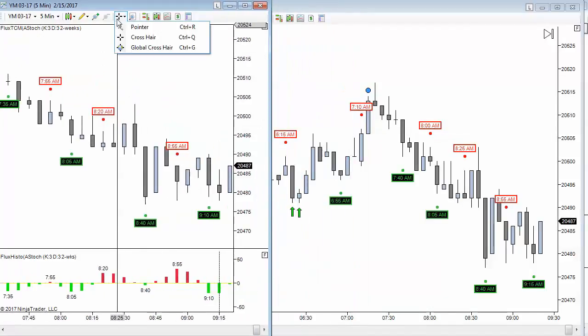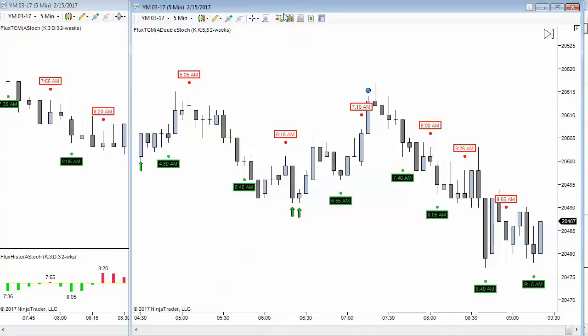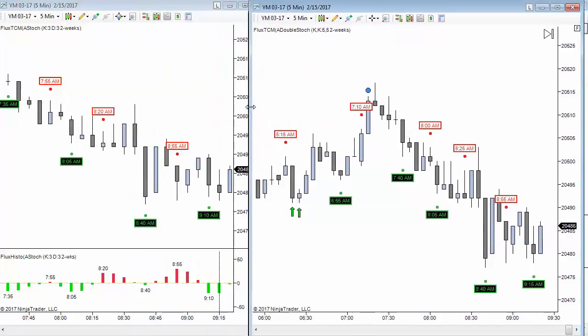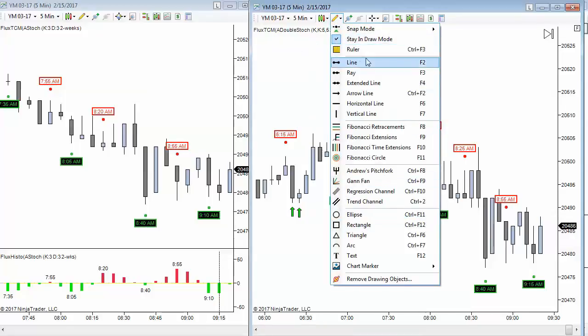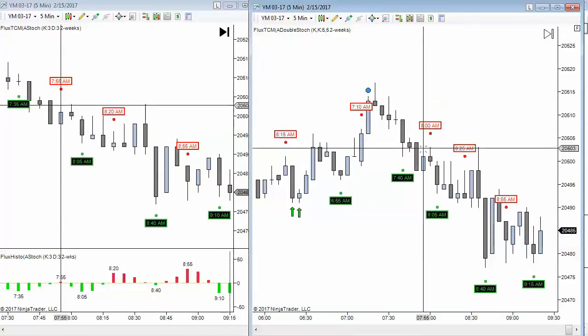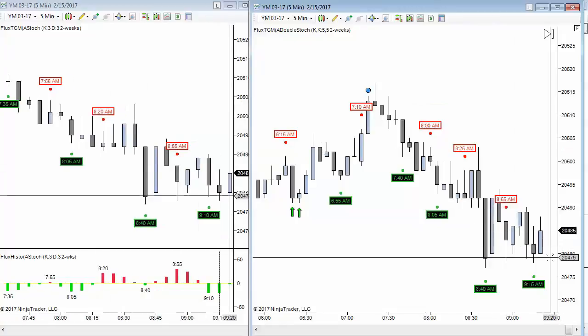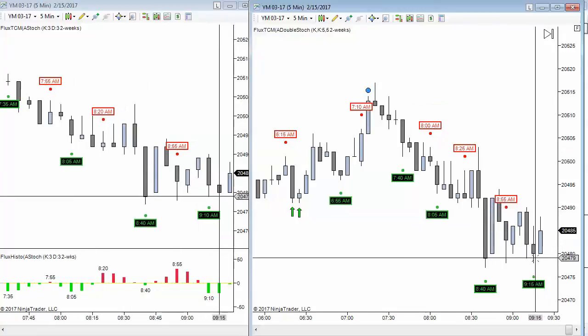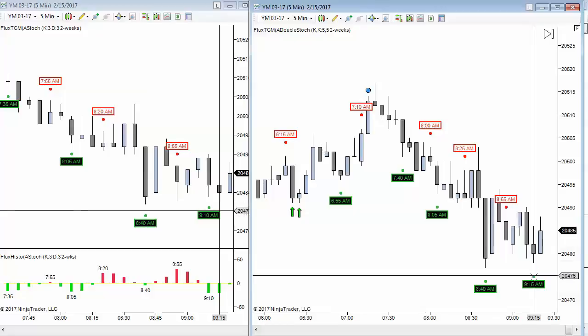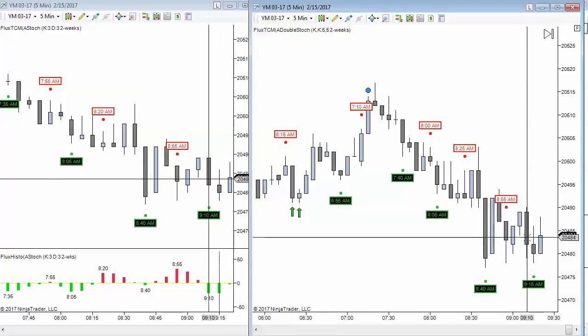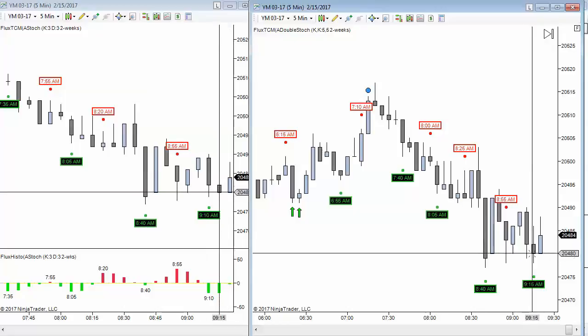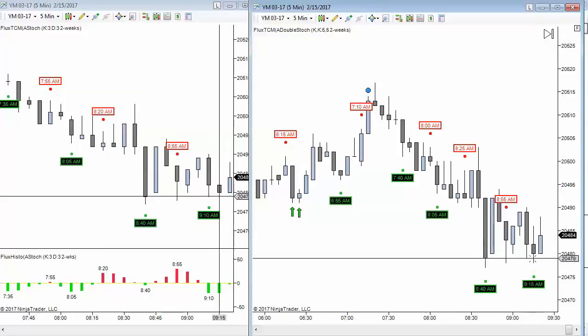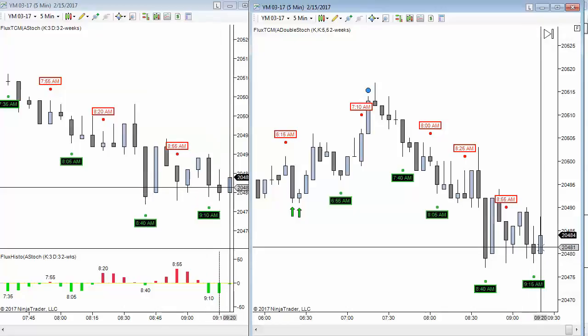So I'm going to use my global crosshair now, which is a really handy feature in Ninjatrader with this indicator. And I want you to see what I mean by the differences. So Gary, over here on the right hand side, the 9:15 signal is clearly an exhaustion signal. It's starting to form a morning star pattern right here. And it's the lowest of the 3 candles.